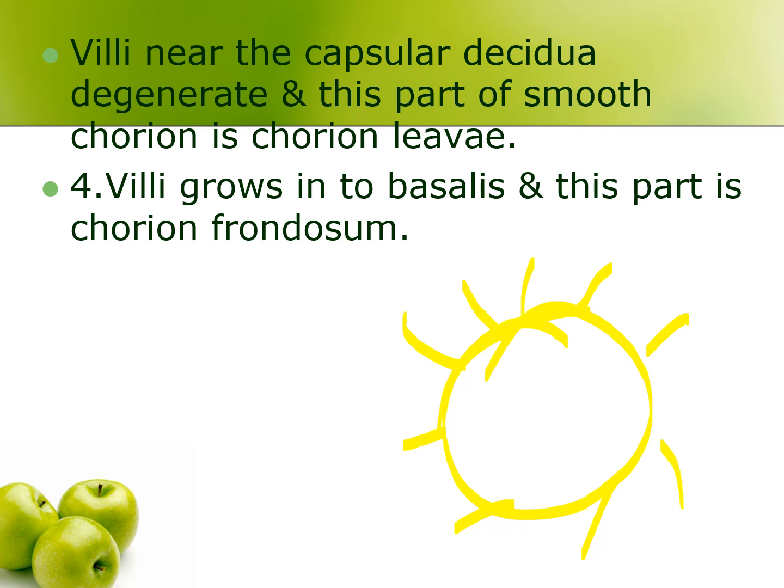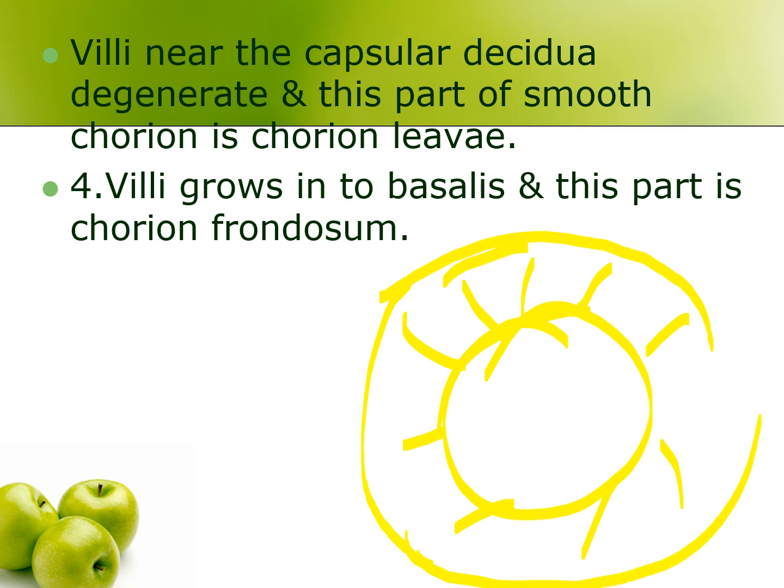And here we know this is the uterine endometrium, this is the basal decidua, and this is the capsular decidua. Already we have seen. Okay, so the villi near the capsular decidua will disappear. And the parietal decidua will disappear. Oh, sorry, the fetus will be there.